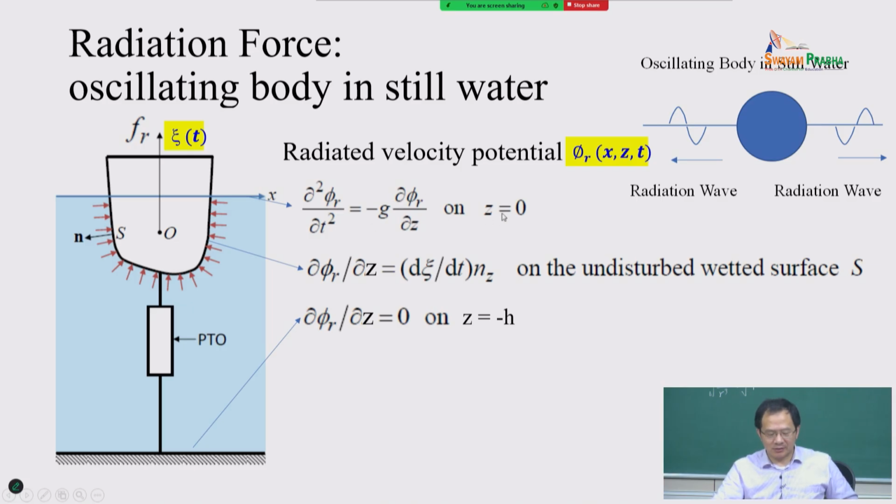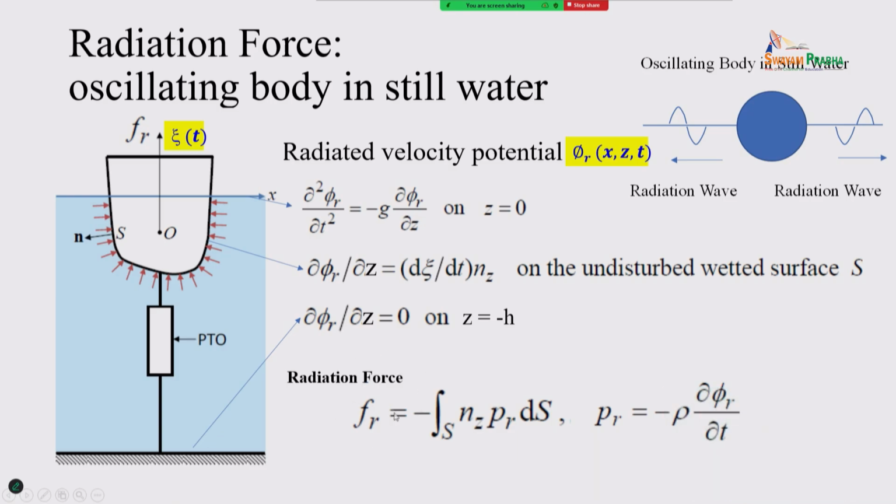On the body surface, you have the force perpendicular to the shape. That is what I mean. Under this assumption, you can calculate the total force acting on the system. You have the pressure, and n is the normal direction. You project onto this surface and integrate over it to get the radiation force.